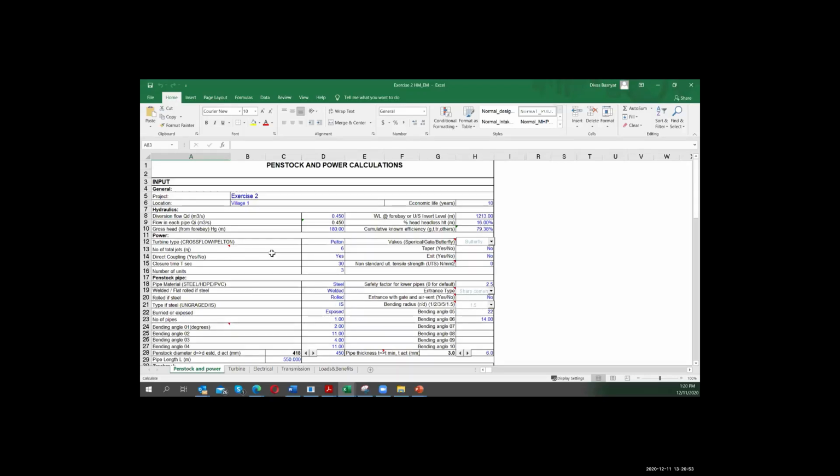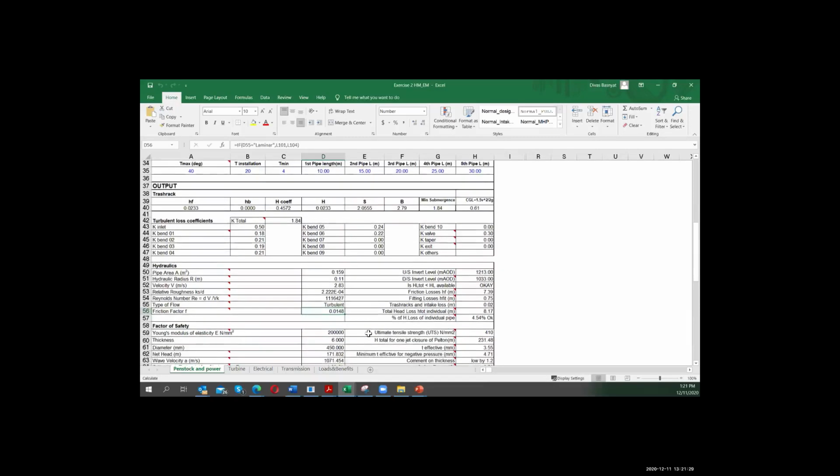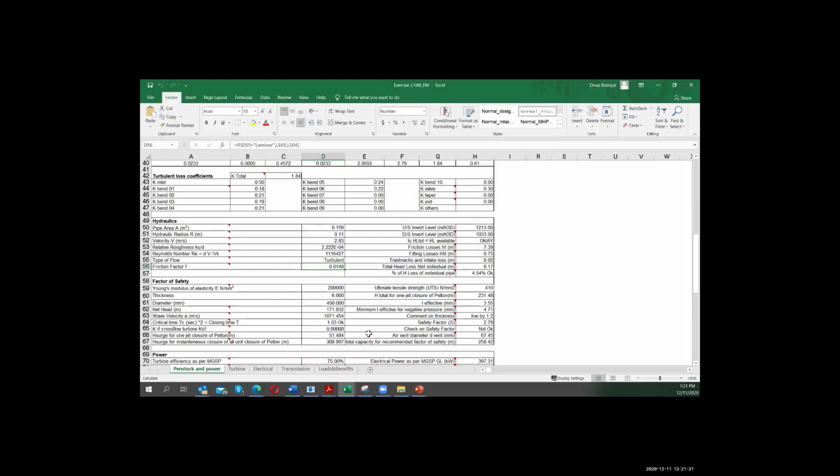Please play with these Excel sheets, and you can see the different parameters and how these are calculated, like how the pipe area is calculated, hydraulic radius, velocity, roughness, Reynolds number, which is needed to use the Moody chart. The type of flow is turbulent, and you need to get the friction factor, which is based on the formula that I mentioned.